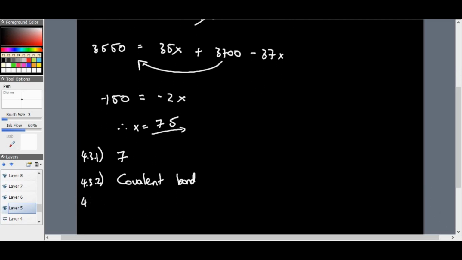And then 4.3.3, they ask us to draw the Lewis structure of chlorine gas. Now I'm going to write Cl like this in white, and I'm going to draw the bonds in a different color. You won't do this. Remember, chlorine has 7, but there are 3 lone pairs and only 1 pair that makes the bond on each.